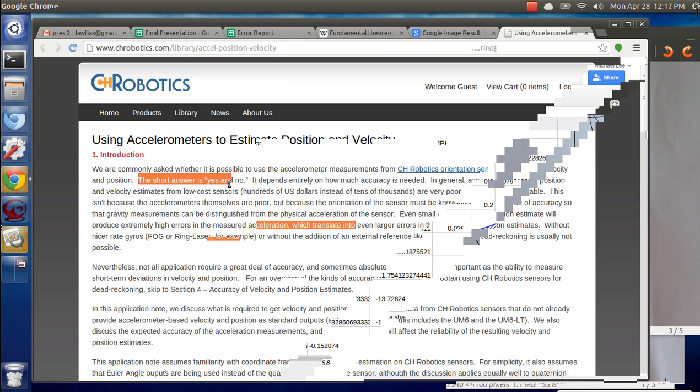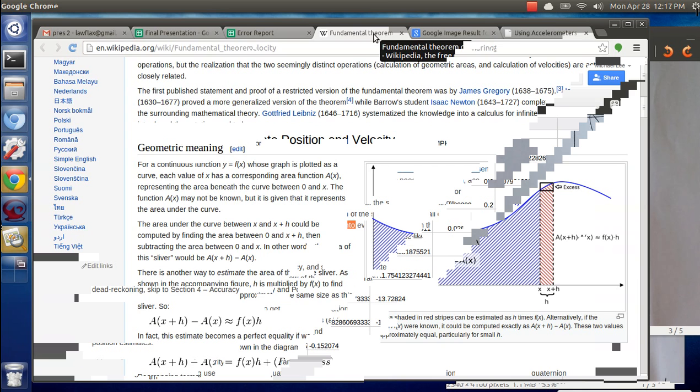When we think about it, back with the fundamental theorem of calculus, if you look at this example here with this rectangle, it has this area that is not part of the curve. And so each rectangle is not completely accurate, and we have this snowball effect where these inaccuracies add together.